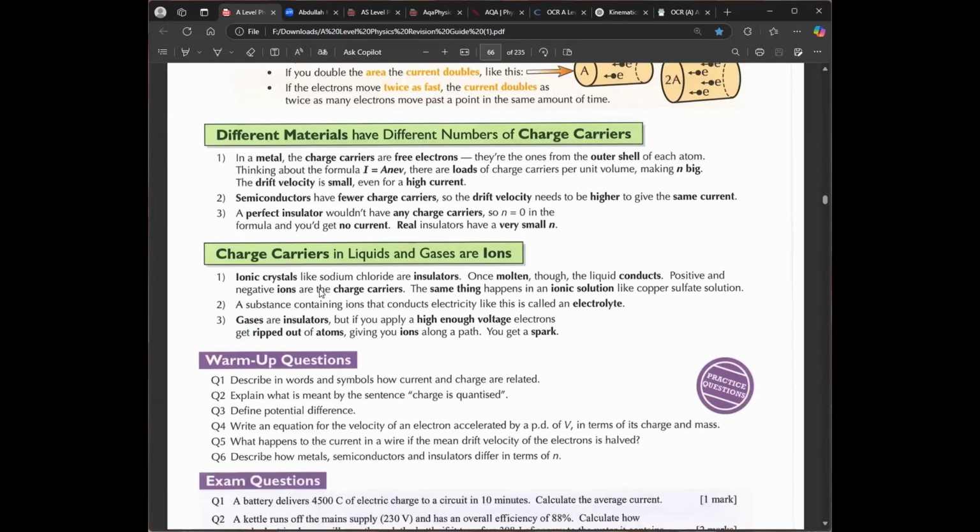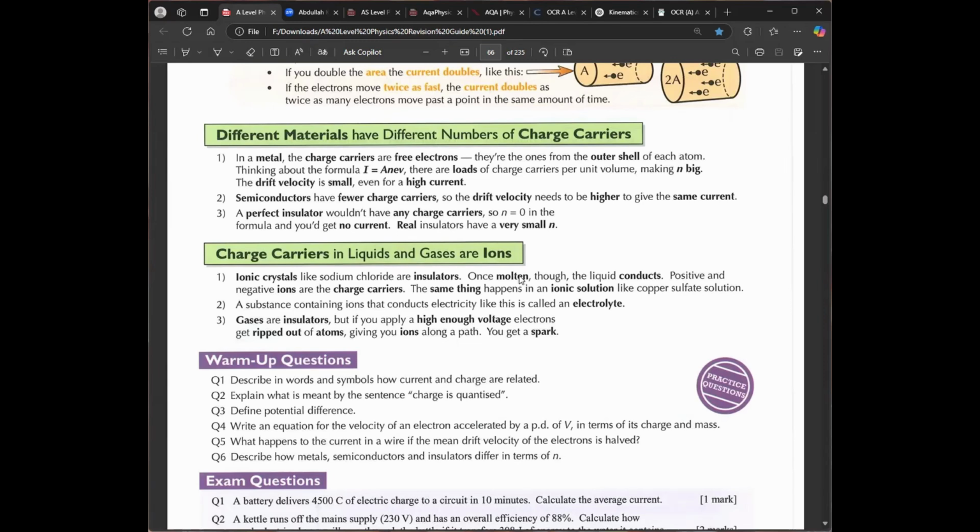Charge carriers in liquids and gases are ions. So obviously, in case of metals, it's usually the electrons that are the charge carriers. In case of other things like ionic compounds, for example, it's basically the ions that actually carry the charge. The positive charges flow from one point to the other, and the negative flow the opposite way. And you already know, I think from GCSE chemistry, that ionic compounds, for example, don't conduct electricity like that.